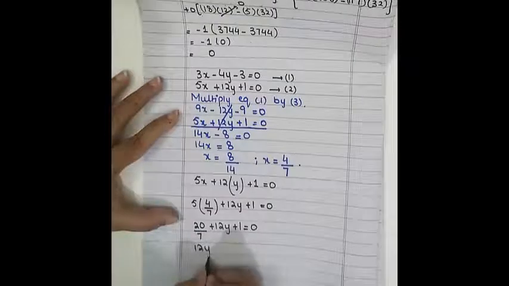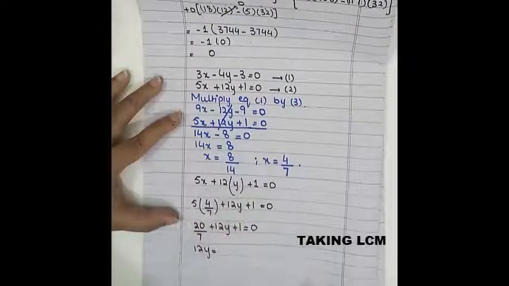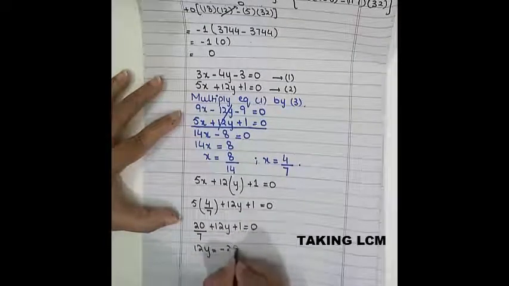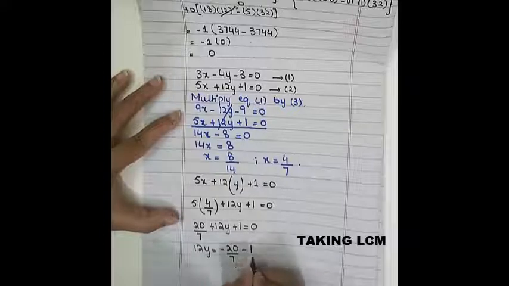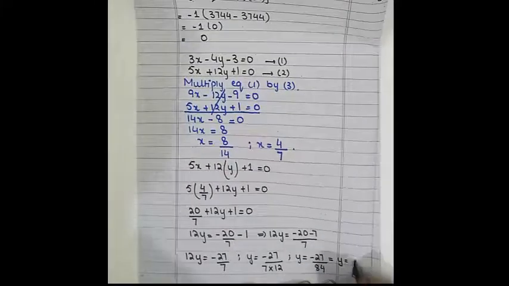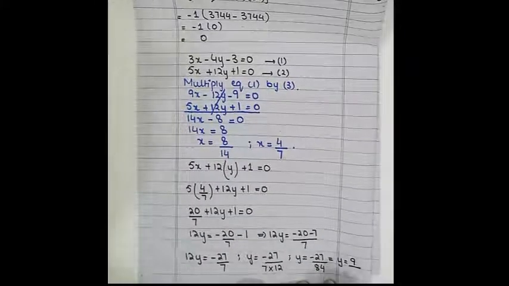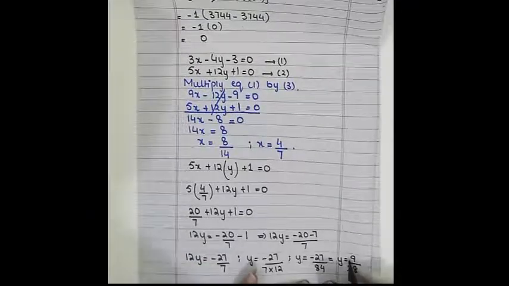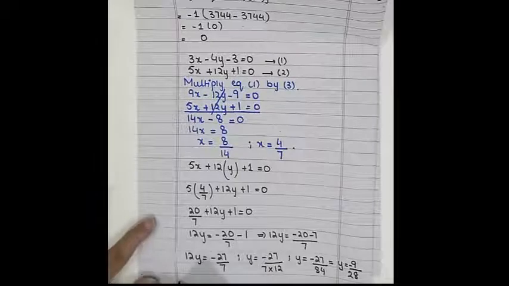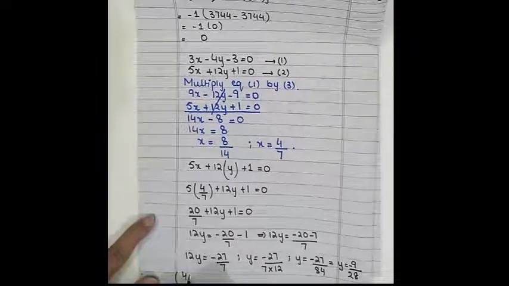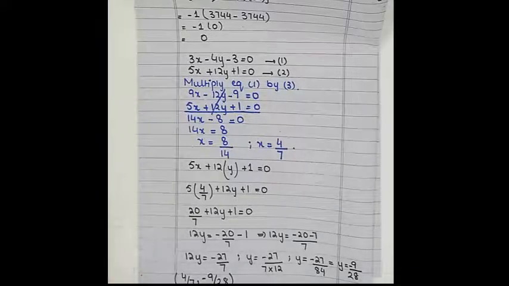Now 12y is equal to, taking these two numbers to the other side, minus 20 over 7 minus 1, which is minus 27 over 7. So y is minus 9 over 28. So we have 4 over 7 and minus 9 over 28 as the point of intersection for these lines.